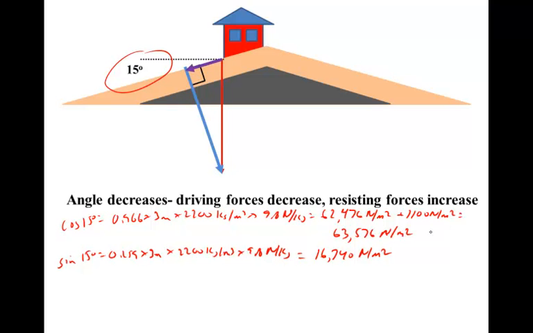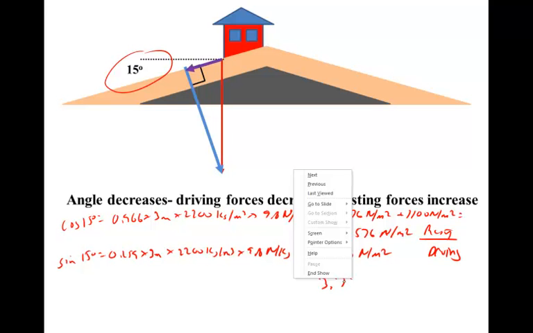Factor of safety, resisting over driving. Our factor of safety is now 63,576 divided by 16,740. Our factor of safety is now 3.79.